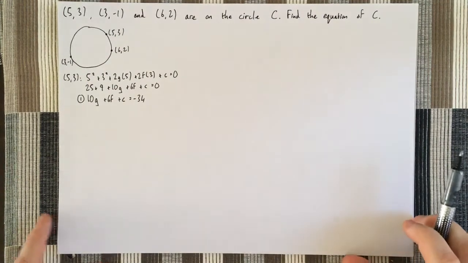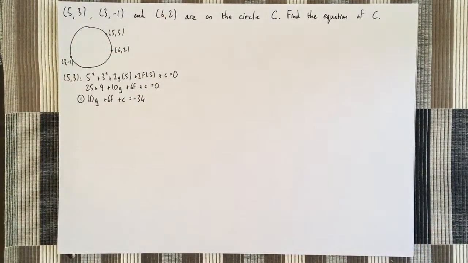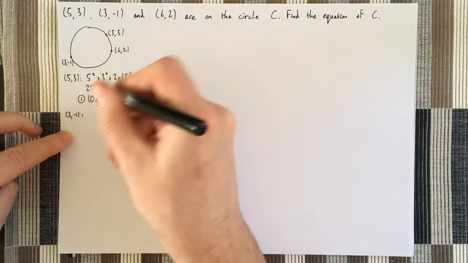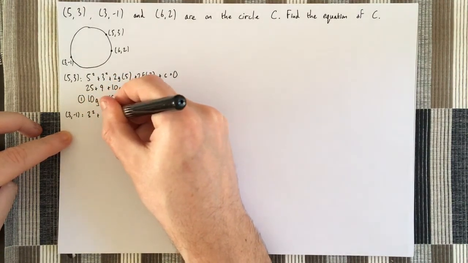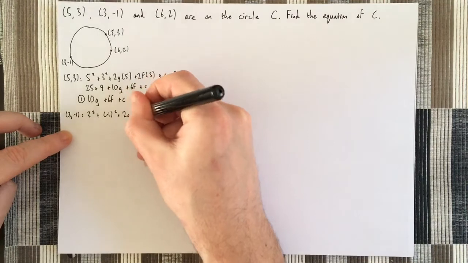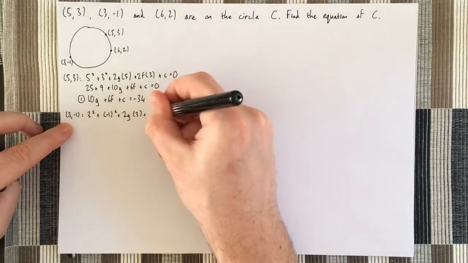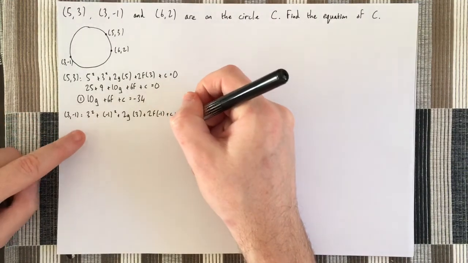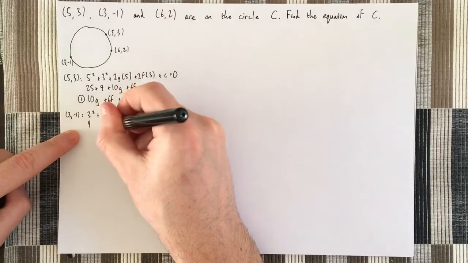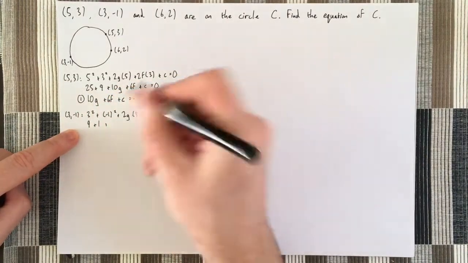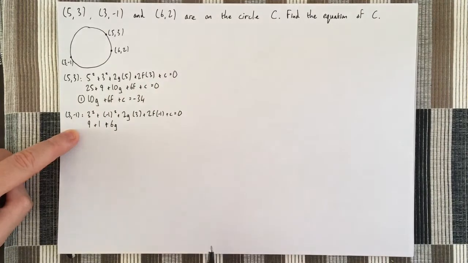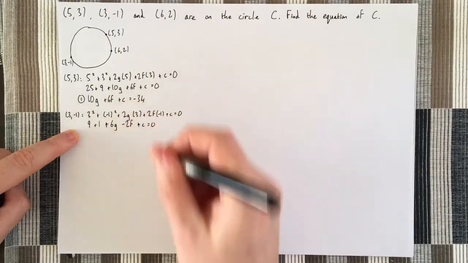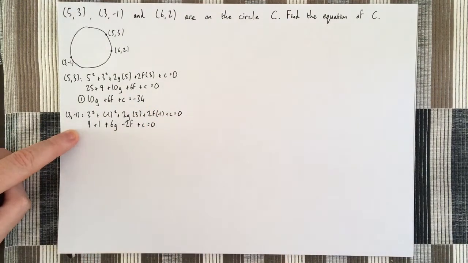So now I just have to sub in (3, minus 1) and (6, 2) the same way. That'll give me my other two equations. So subbing (3, minus 1) in, it's x squared plus y squared, so 3 squared plus minus 1 squared plus 2gx, so plus 2g times 3, plus 2fy, so plus 2f times minus 1, plus c equals 0. 3 squared is 9, minus 1 squared is 1. 2g times 3 is 6g. 2f times minus 1 is minus 2f, plus c equals 0. 9 plus 1 is 10, and I'll move it over to the other side.